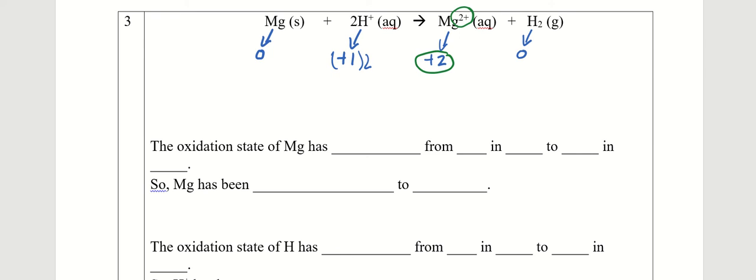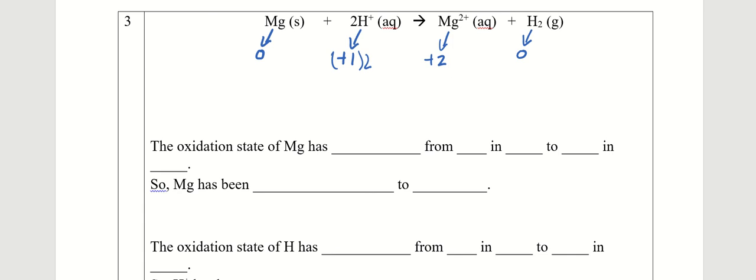So when we are writing charges, the number comes before the sign, but when we are writing oxidation states, the sign comes before the number. Okay, so now let us take a look.